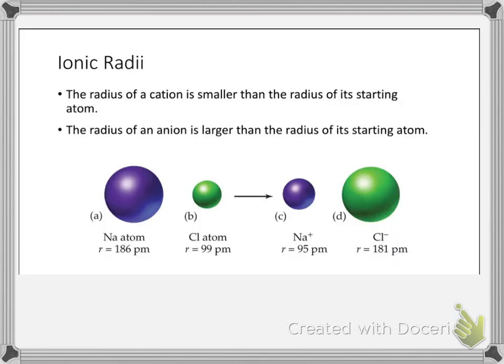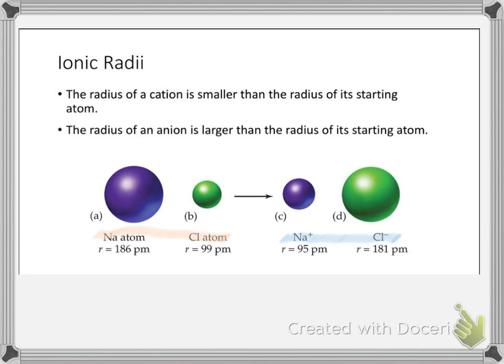Now, before we get to predicting the formulas for ionic compounds, let's take a little look at how losing and gaining electrons changes the size. So here we have an example of a sodium atom and a chlorine atom. And then on the right-hand side, they have gained and lost their electron.